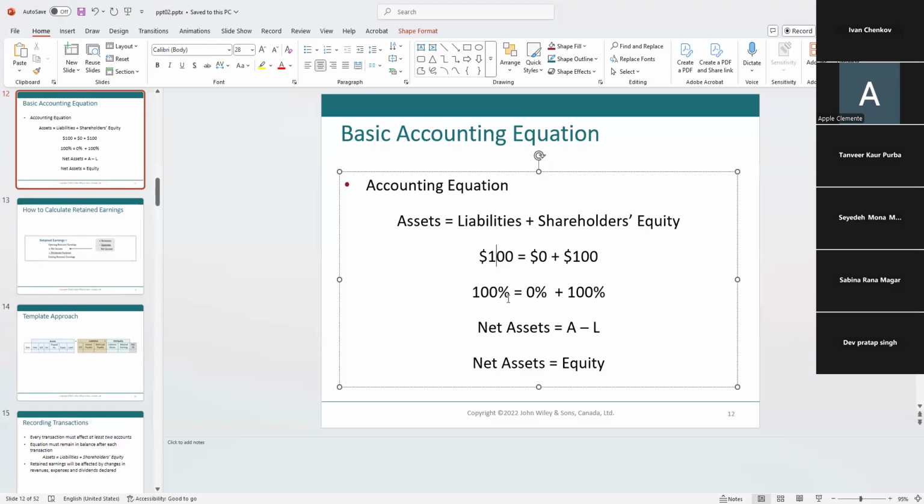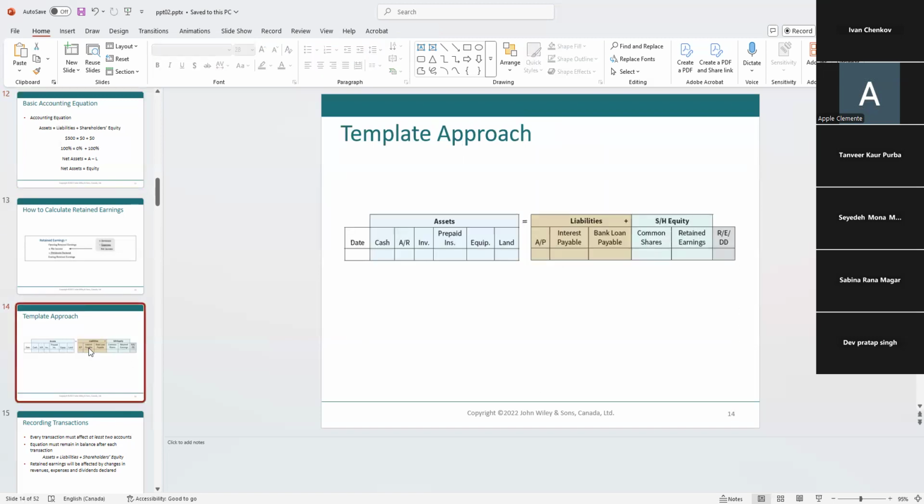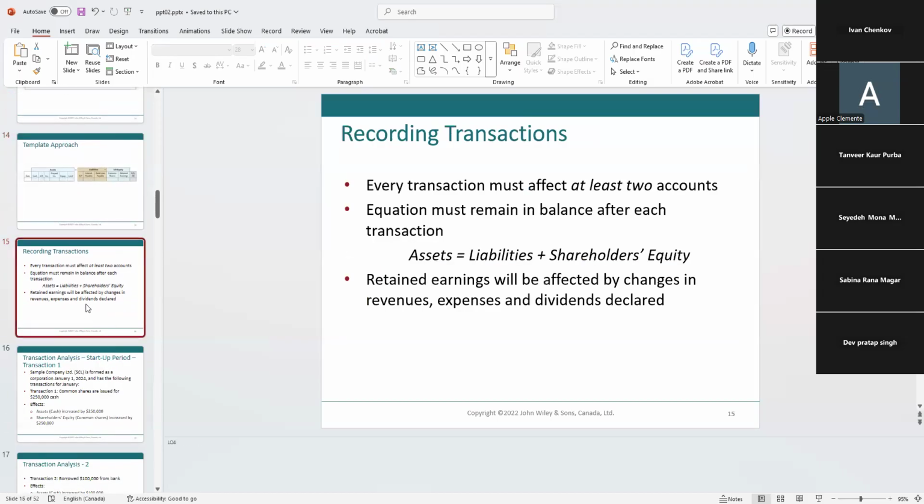I cannot have a jacket for $500 here and nothing there. That doesn't make sense. It has to come from somewhere, either from liability or from equity. So once we keep this equation in balance and intact, everything is good.